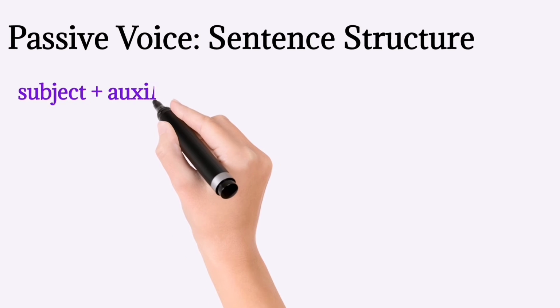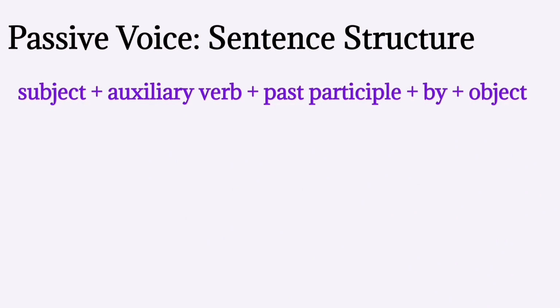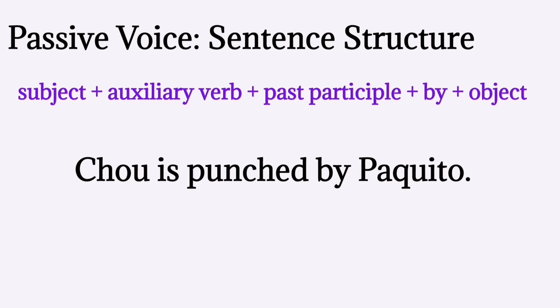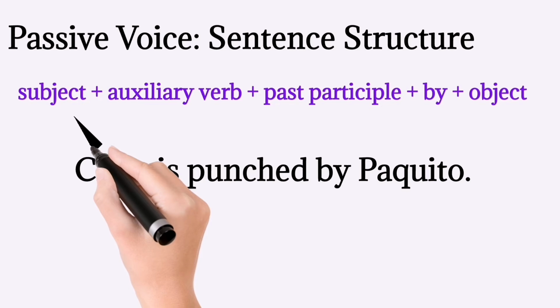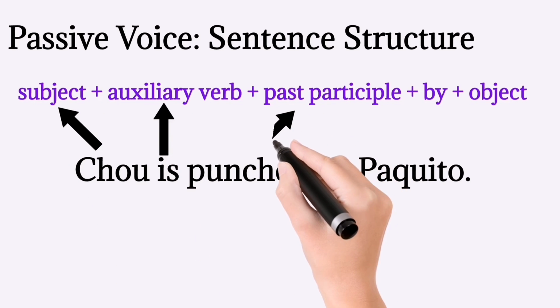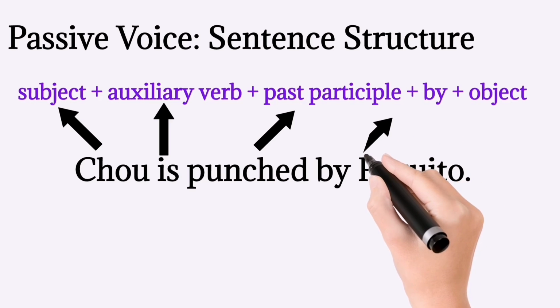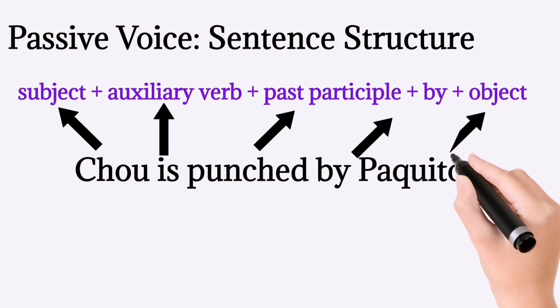The sentence structure of passive voice is subject, plus auxiliary verb, plus past participle, plus the preposition by, plus object doing the action. Looking back to our example, Cho is punched by Paquito. Cho is the subject, is the auxiliary verb used, punched, which is the past participle of the verb, plus the preposition by, plus object doing the action.